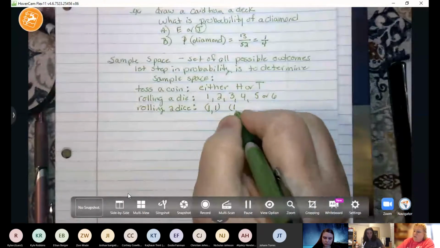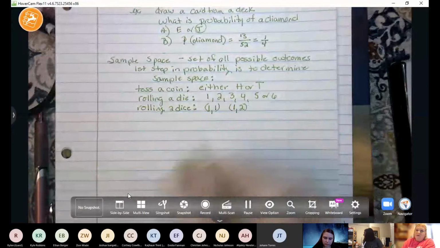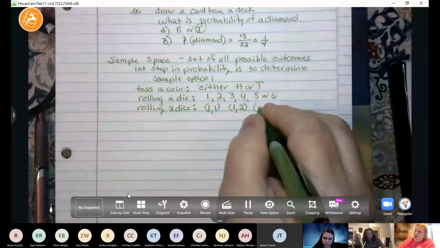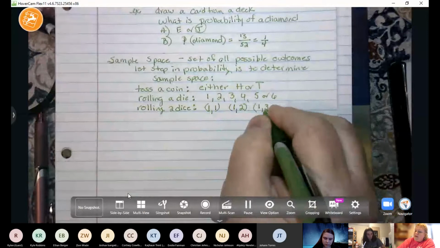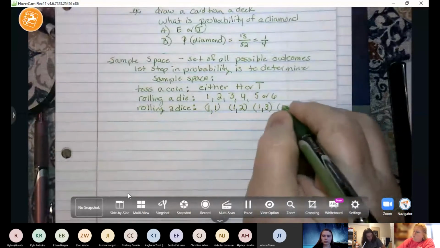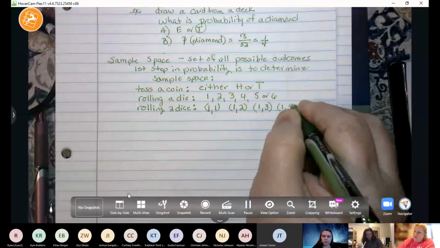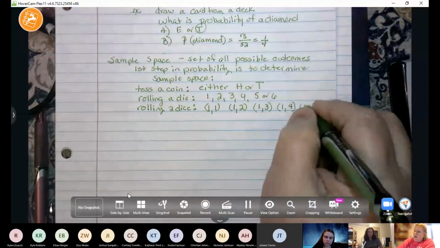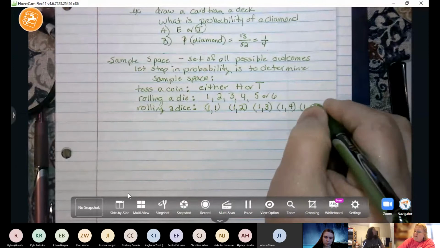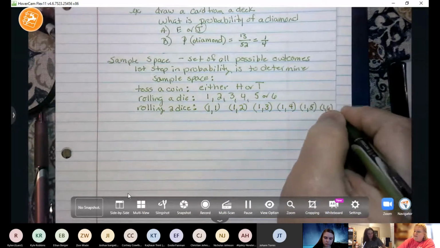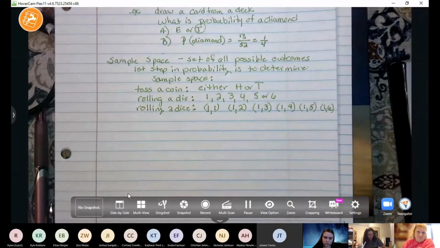Or we have a 1 with a 2 on the second roll. Or we could have a 1 with a 3 on the second roll. And we could have a 1 with a 4 on the second roll. A 1 with a 5 on the second roll. A 1 with a 6 on the second roll.